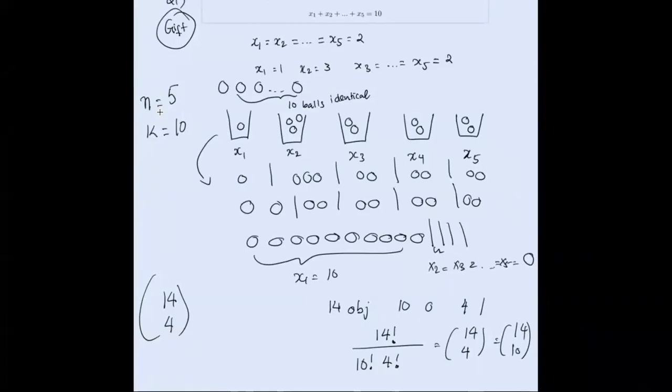I think you meant to flip it. I think this is the number that I meant, because if you plug it into the formula that you sent, you will see that you get these two: N equal to 5 plus K, which is 10, minus 1, and then choose K, which is 10. Then you will get 14 choose 10.